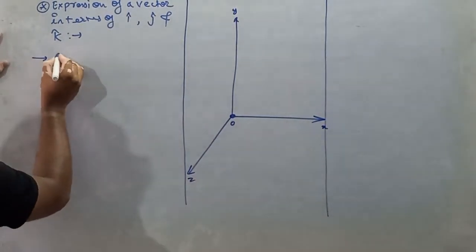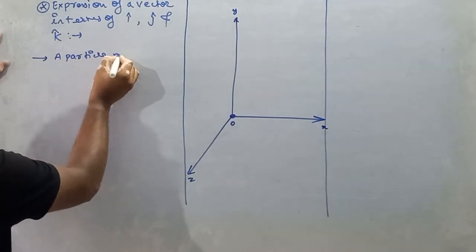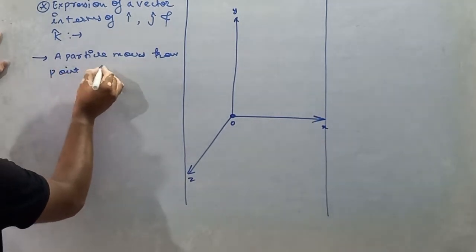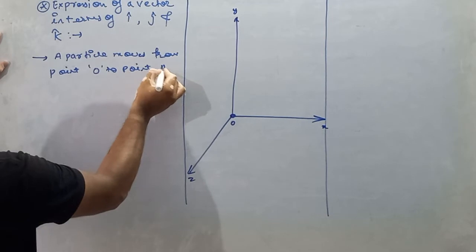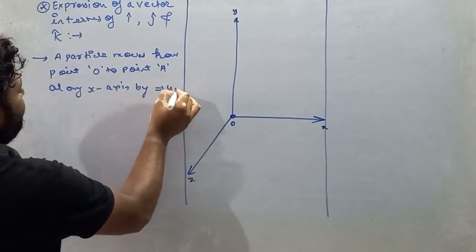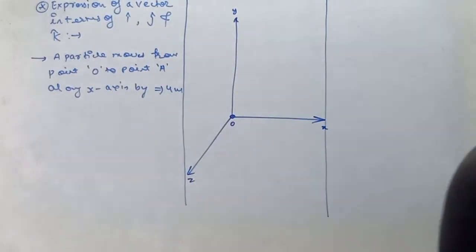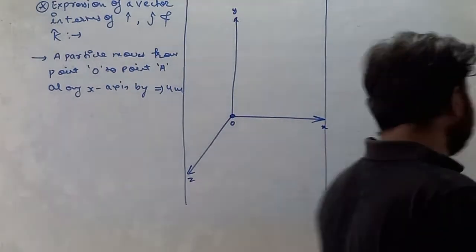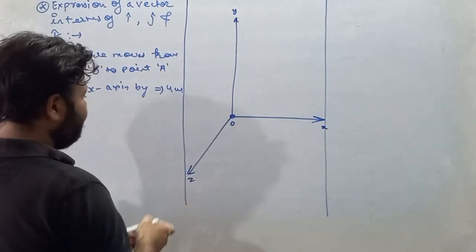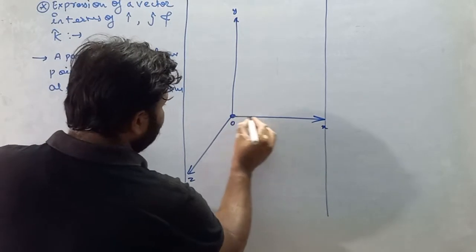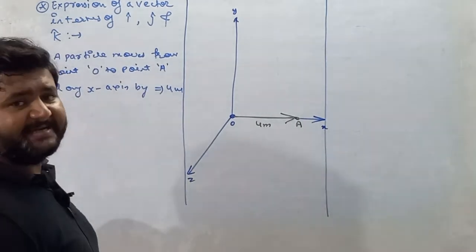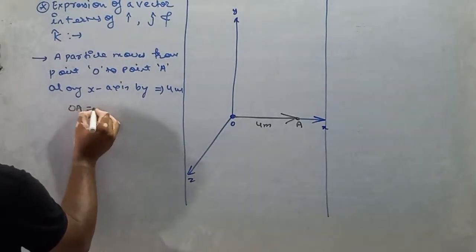I'll write here: a particle moves from point O to point A along x-axis by 4 meter. So the value of OA is 4 meter.